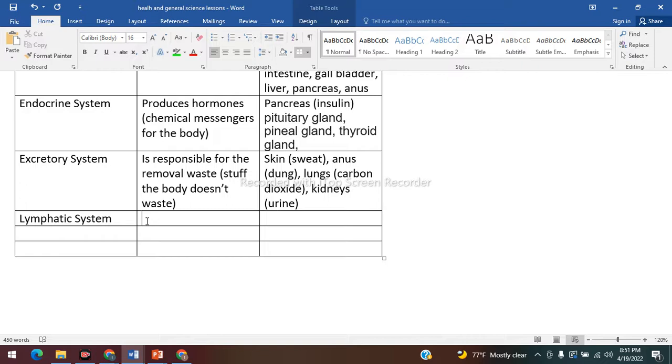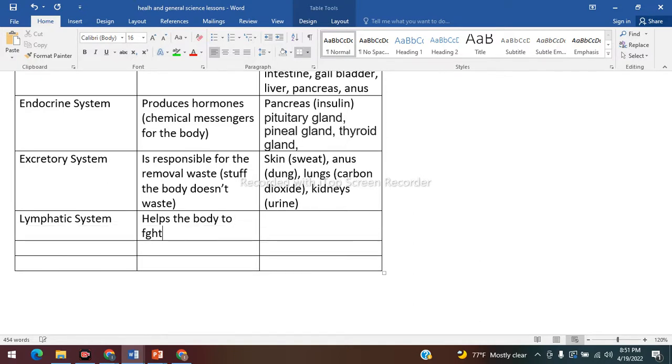One of the major functions of the lymphatic system is defense. It helps the body fight germs and infections.